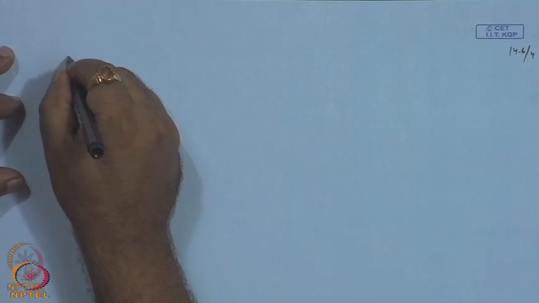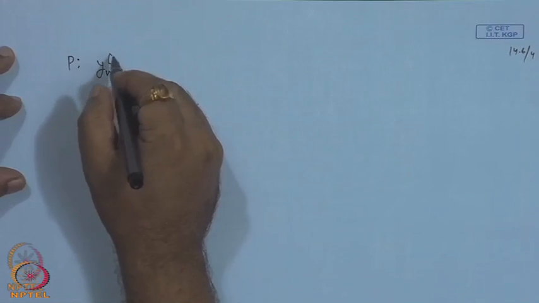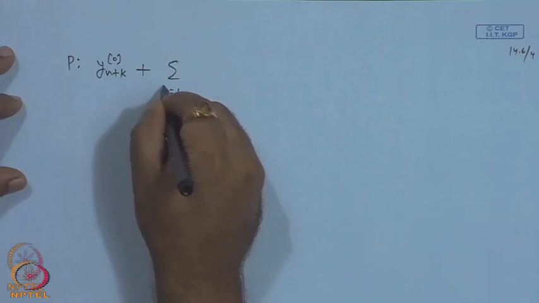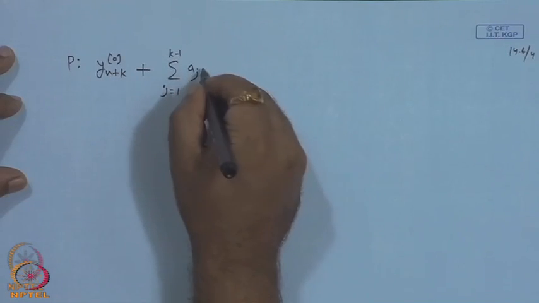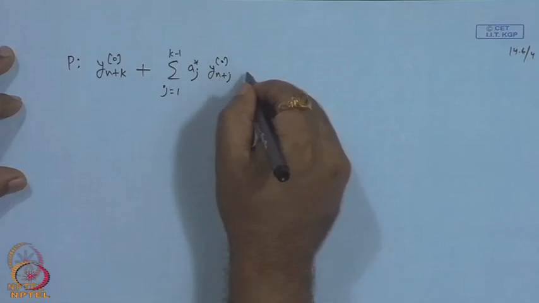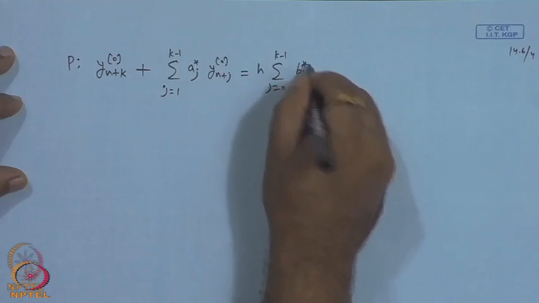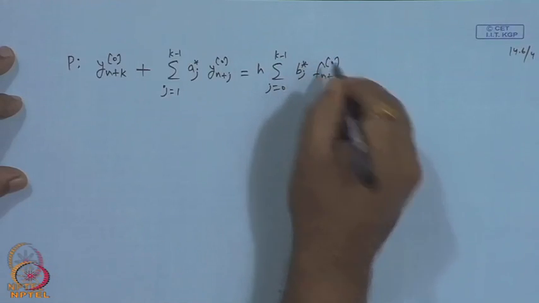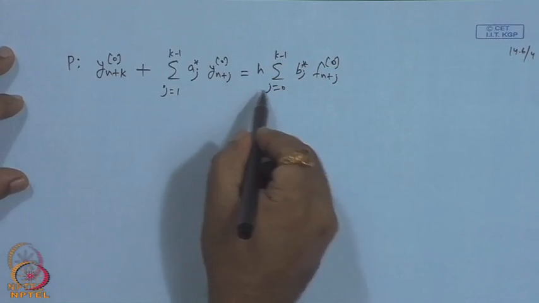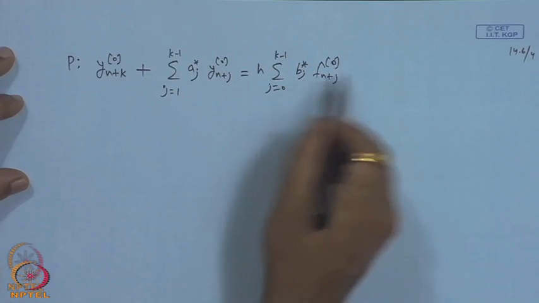Let us see how the general procedure evolves. Prediction. I put stars because the coefficients are normalized. This is an explicit method, so we need f n and the past values up to k minus 1.